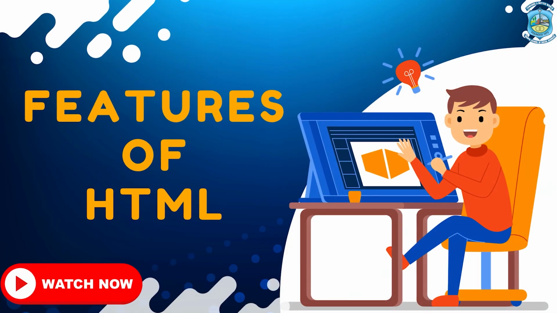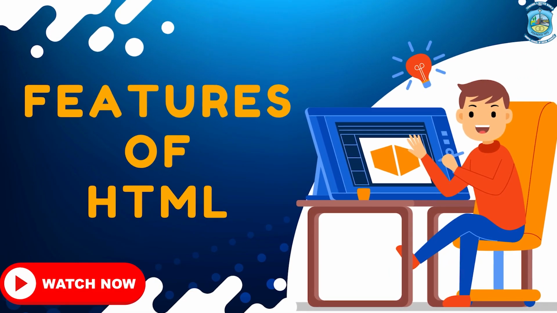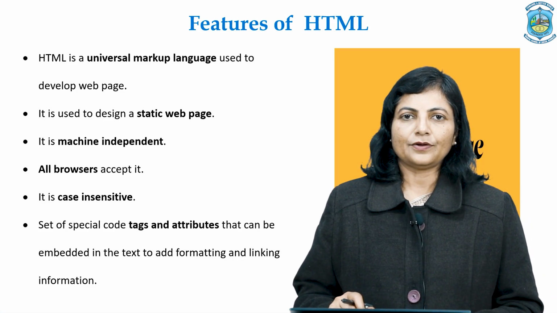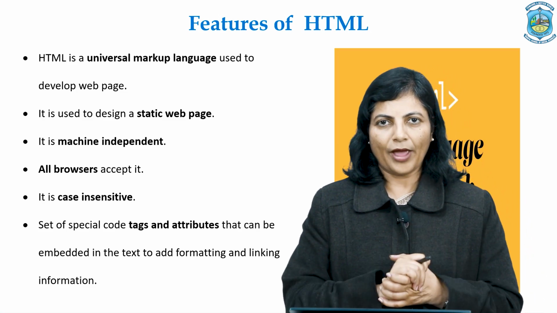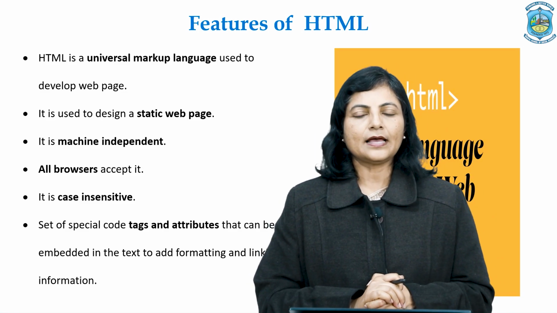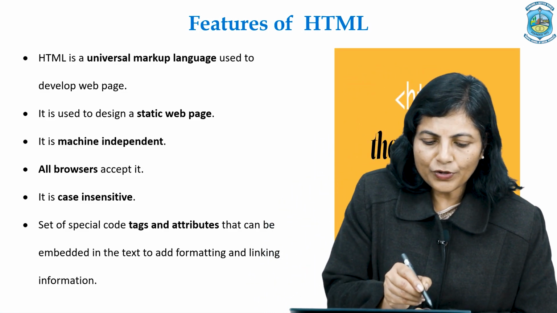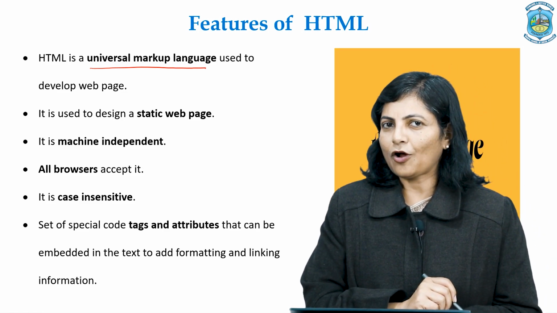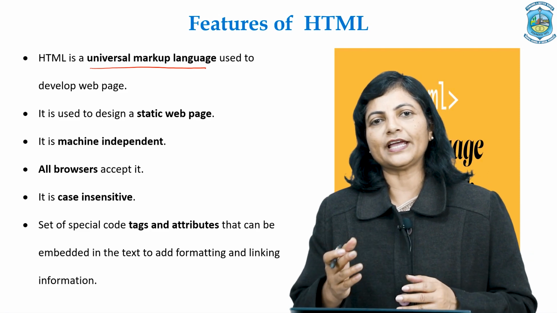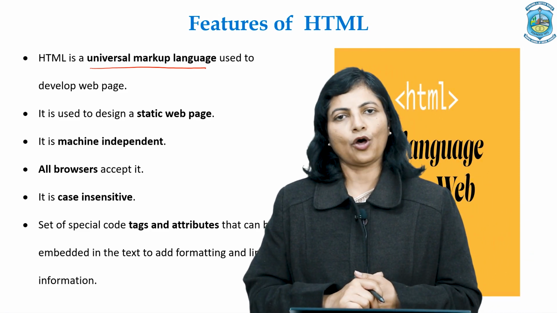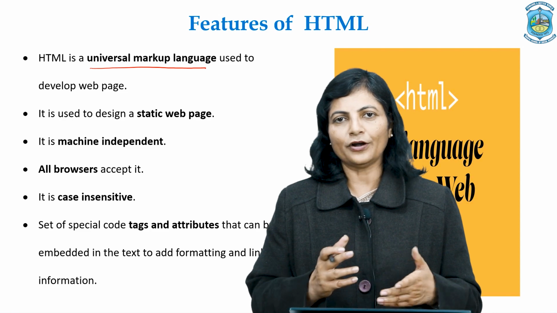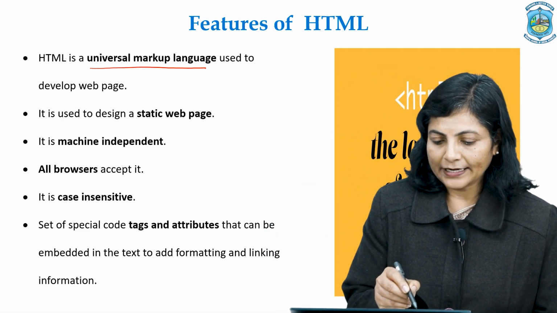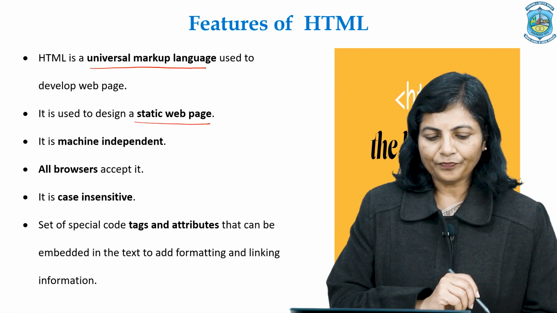Now, let us see some of the features of HTML. HTML is a language which is used to develop a web page or a website. It is also known as universal markup language. It is called universal because it can be associated with any of the web tools or technologies or languages. It is used to design static web pages.